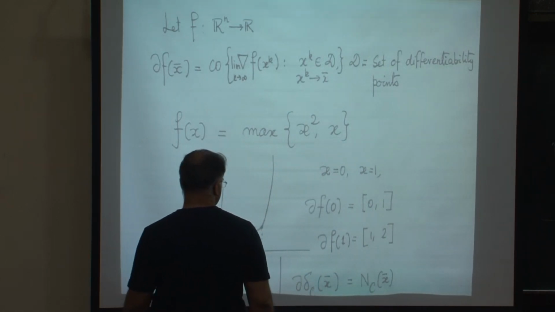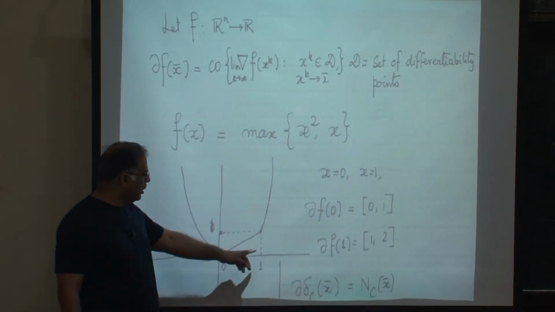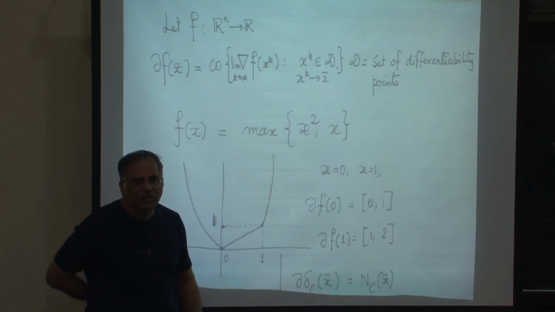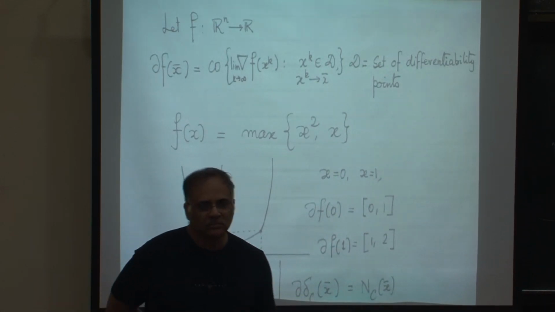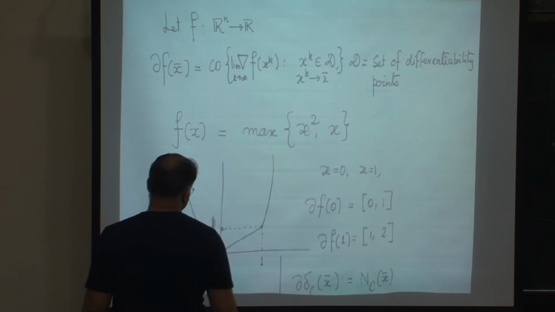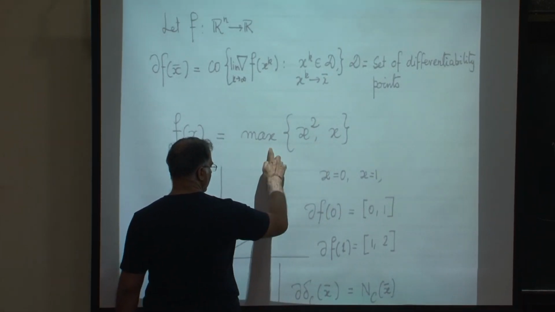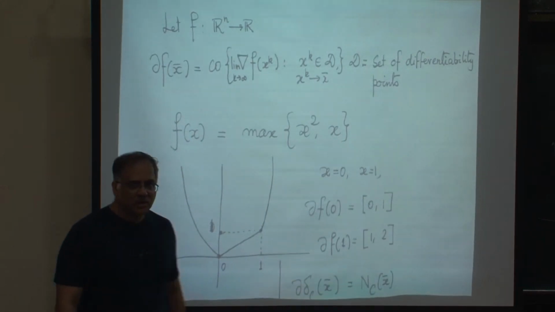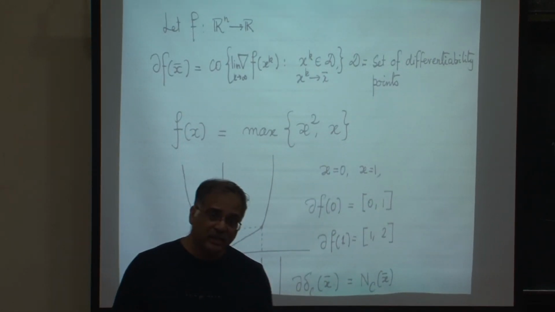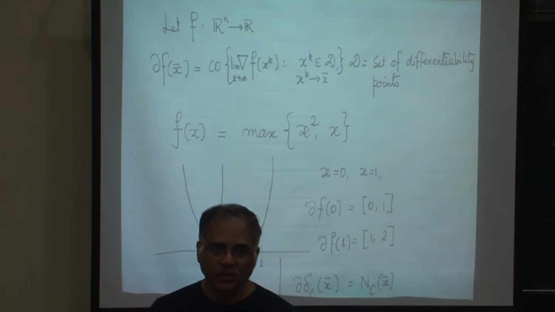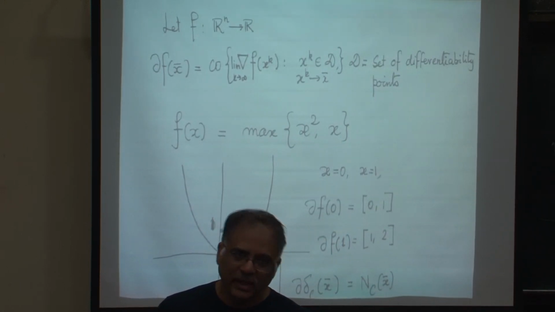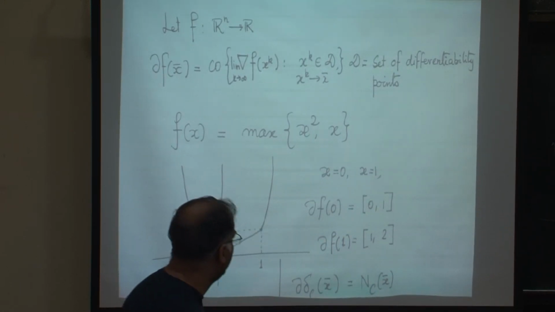Now, look at 1, this point 1 is not a minimizer, because the functional values are lower than 1 at this point and higher than 1 on this side. Then it must be necessary that 0 cannot belong to this set, because once 0 belongs to that set, that point must be a minimizer, because of the definition.